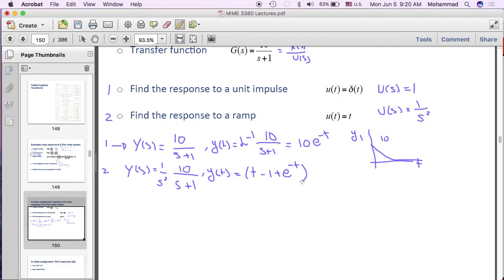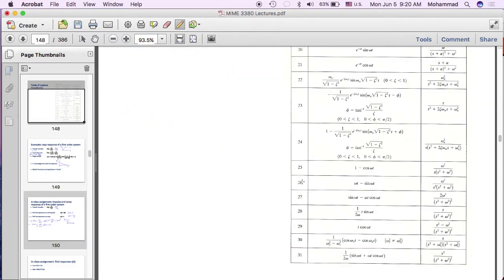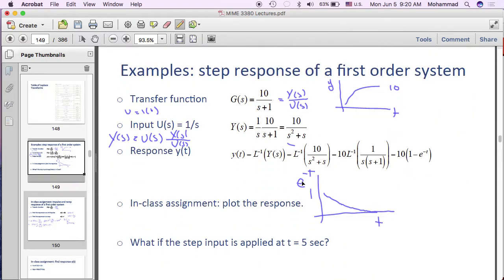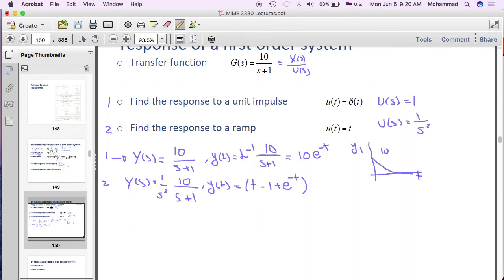Did I have the signs correctly? Let me double check. So minus 1 plus e to minus a t, which a here is 1. Again, in this response, you also see the trace of the pole of the system. So e to negative t again shows up because the pole of the system is at the same location.